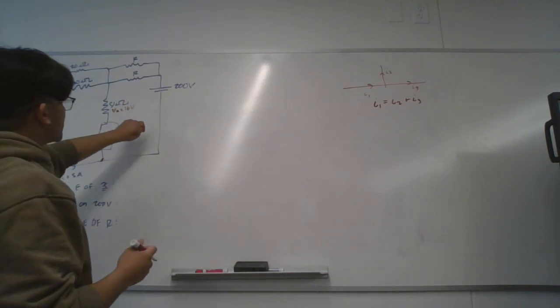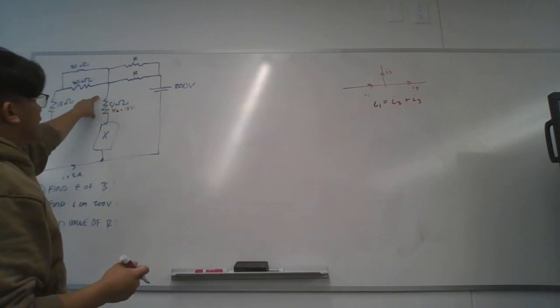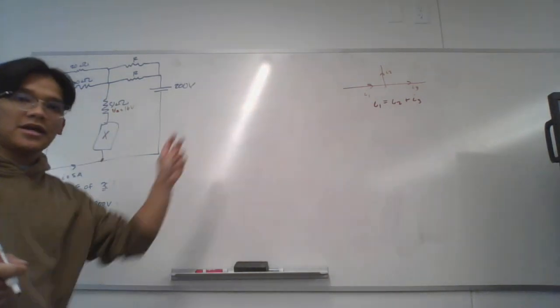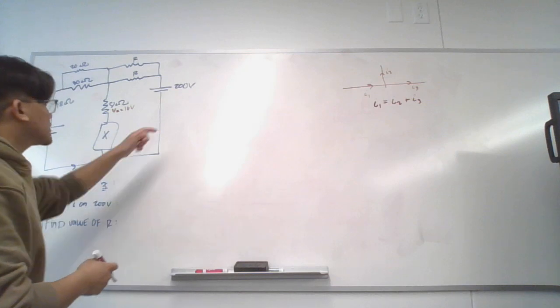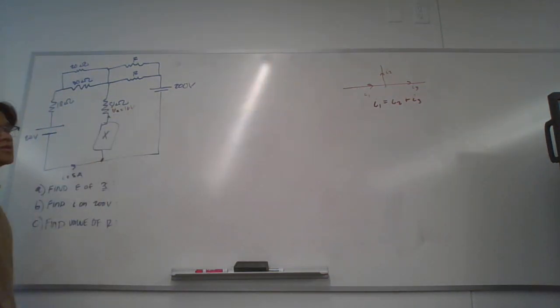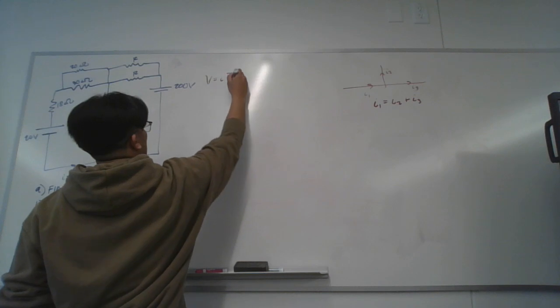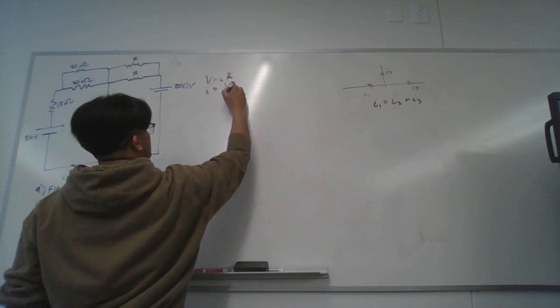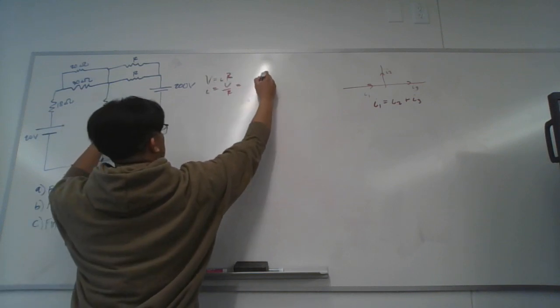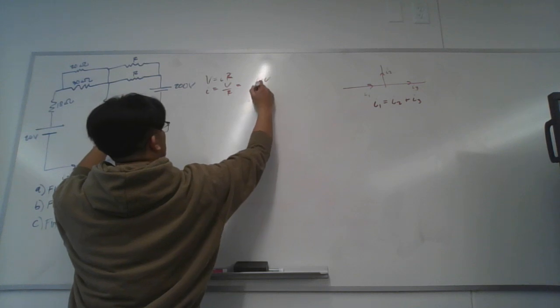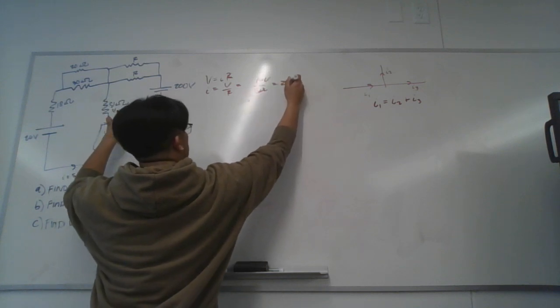Since we're given the voltage through this resistor and we have the value of the resistor, we can find I2 from Ohm's law. I is just equal to the voltage over the resistance. In this instance, it's 16 volts over 8 ohms, which gives us 2 amps.